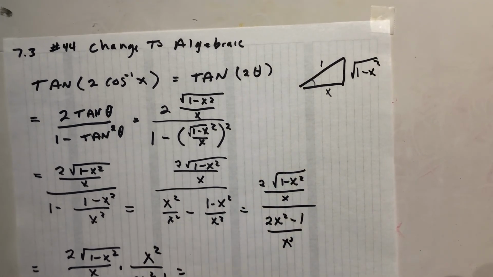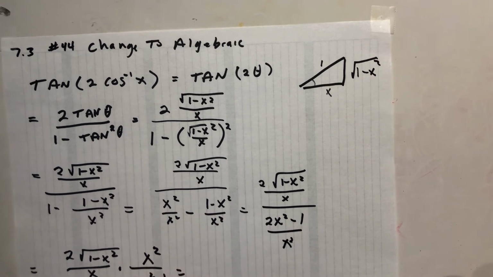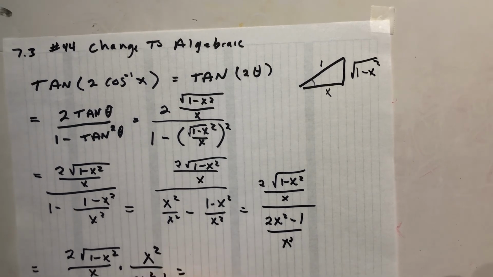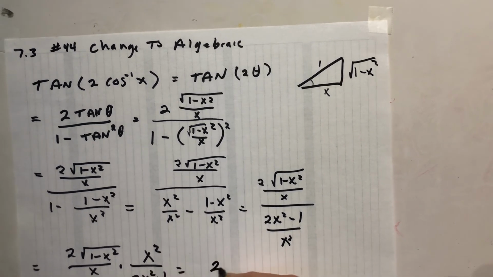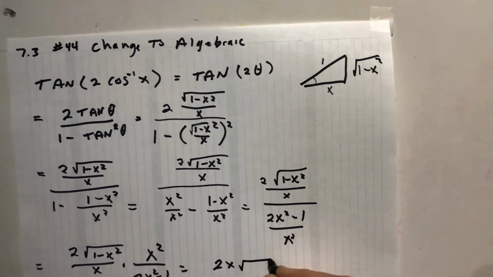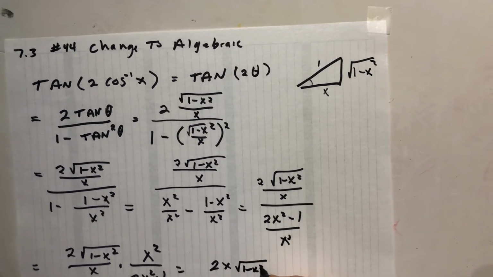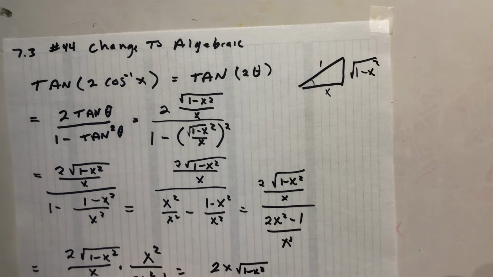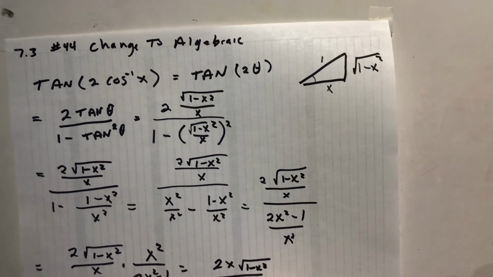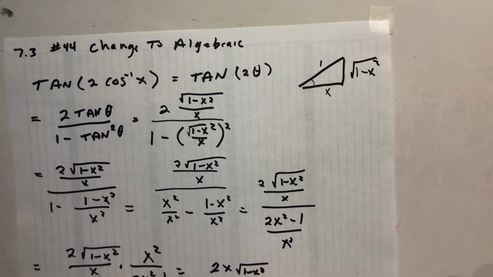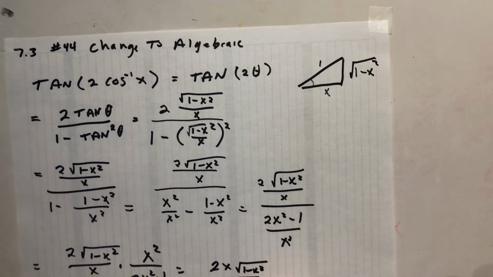The only thing that cancels is one of the x's. So the other x is still there, so on top it's 2x root 1 minus x squared. That x is gone, so it's just 2x squared minus 1.